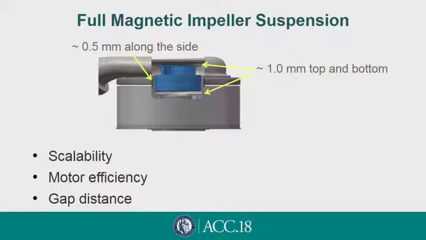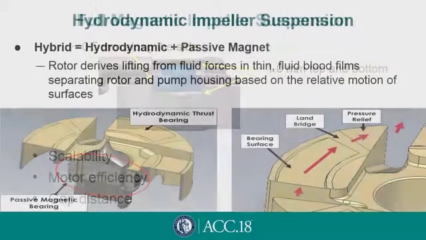Now, the issue with magnetic types of levitation systems is scalability. You cannot make these systems very small, because as you make them smaller, the magnets begin to lose strength and they begin to lose efficiency. So reducing the size of these types of centrifugal pumps has limitations. And so the magnetic strength affects scalability, motor efficiency, and also affects gap distance.